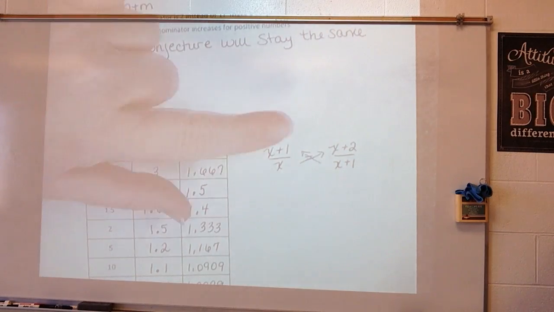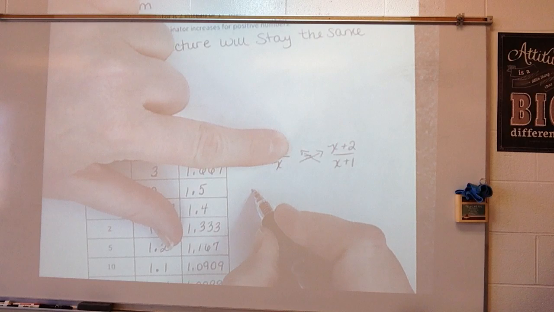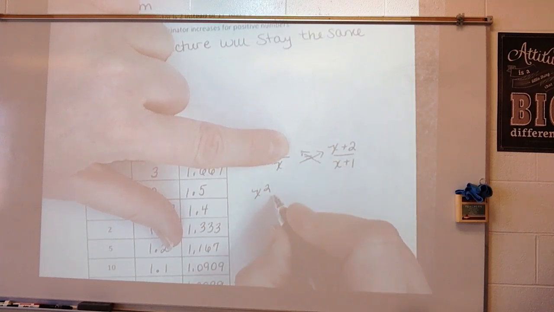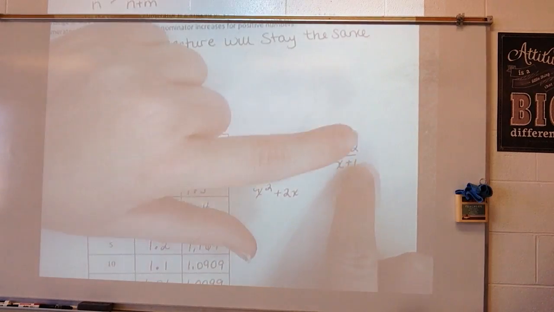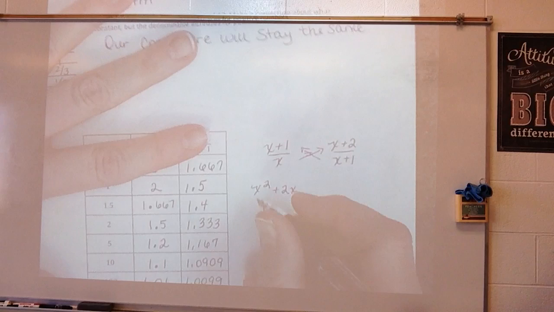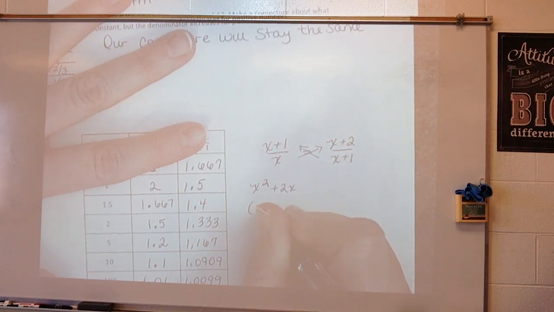Okay? So x times x is x squared. And x times 2x is 2x. Now, the only thing is you've got to be really, really careful about how you look at this, because if you do the cross multiplication, you've got to remember that this is the same as (x plus 2) over (x plus 1).